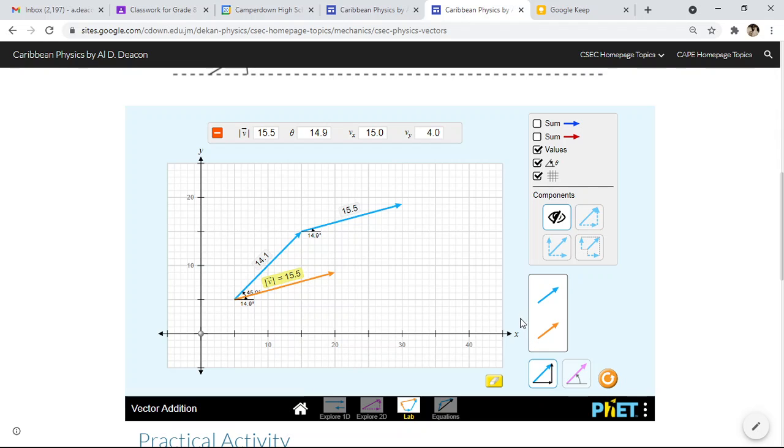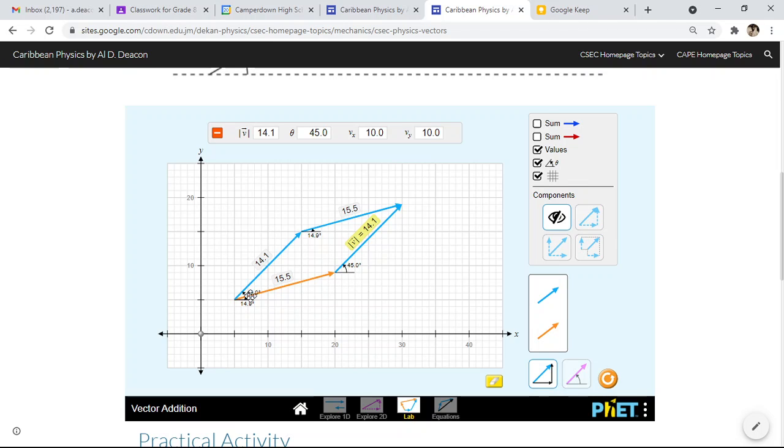I don't have to measure the 45 and the 14.1. I can just grab this vector, put a vector here, and complete this. Put it right there, lock this. If you notice, locking here to here is 14.1 at 45 degrees.